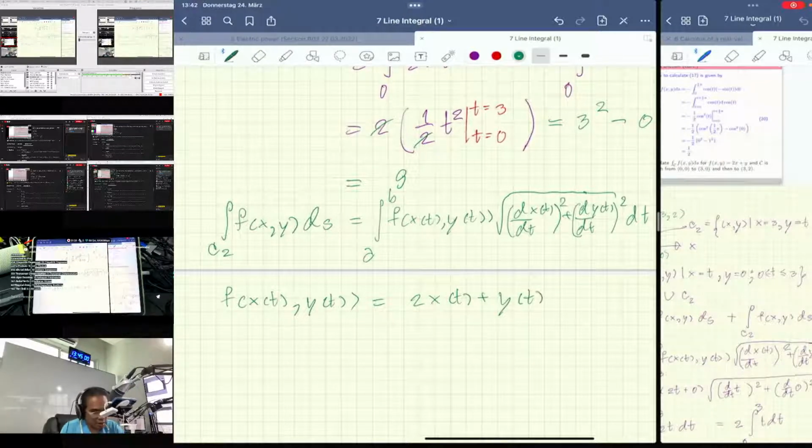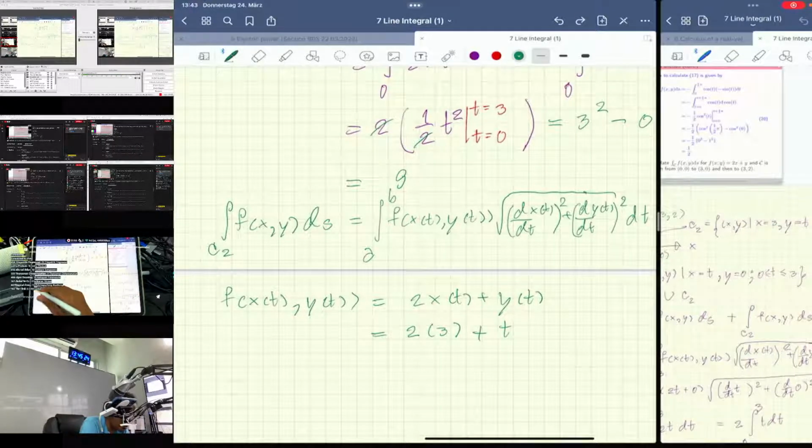But along the second curve, x is equal to 3 and y is equal to t. We have here 2 times number 3 plus y, which is only variable t. Of course a is 0 and b is number 2.